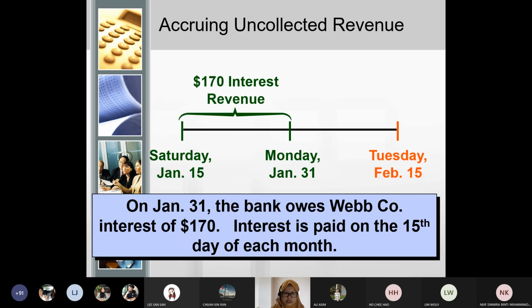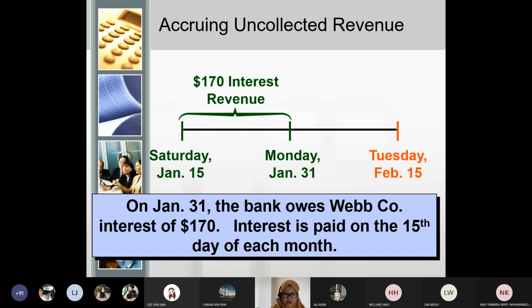Okay, let's see this example. Here the company deposits money in a bank, in an interest-bearing account. The bank will pay the interest on the 15th day of every month.